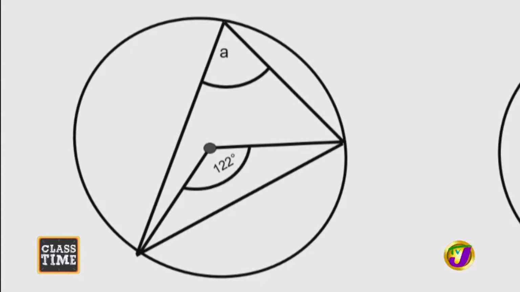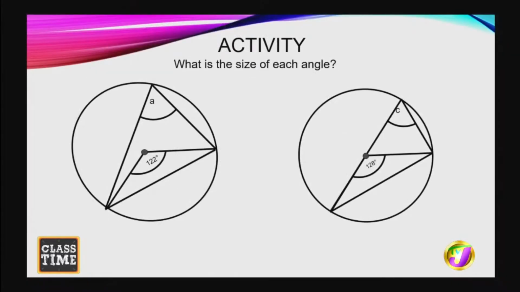Therefore, that angle is going to be 61 degrees. How do we get the 61, Mr. Brown? Half of 122, or divide 122 by 2. So 122 divided by 2 is 61. Yes, you're right. So angle A measures 61 degrees.